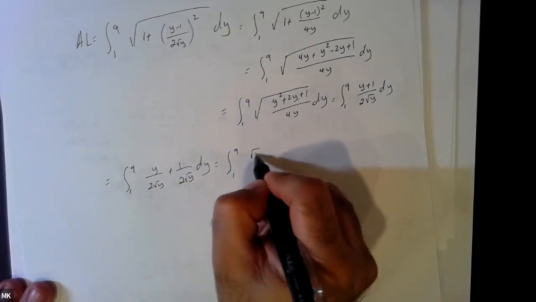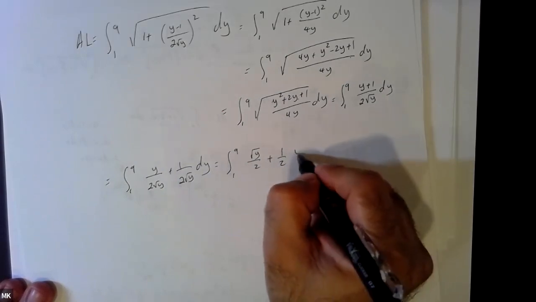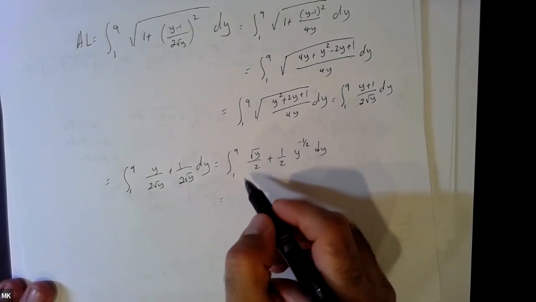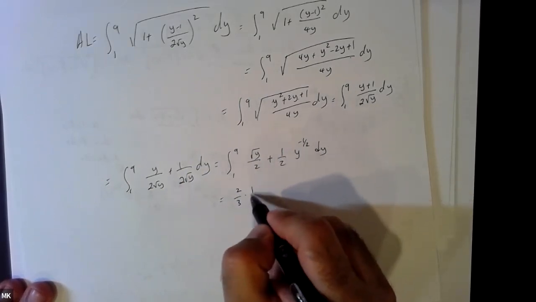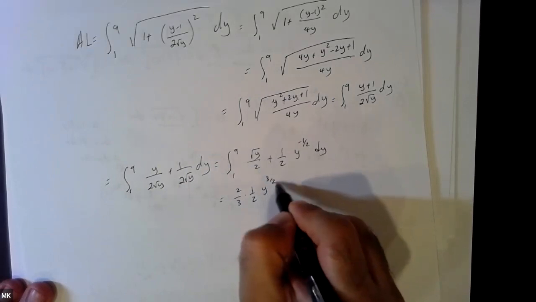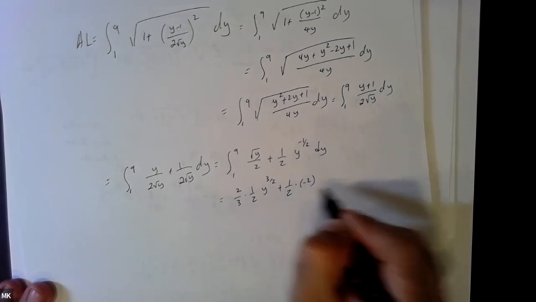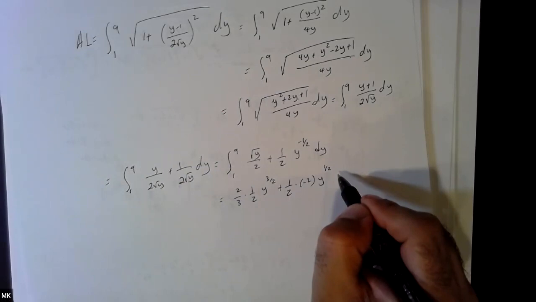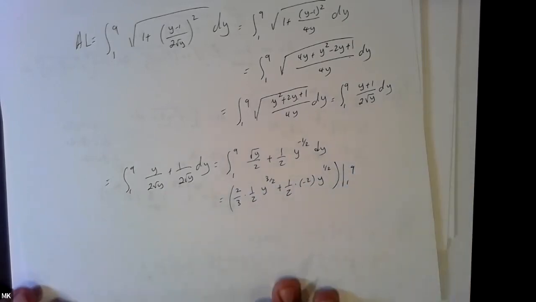The integral from 1 to 9 of root y over 2 plus 1/2 y to the negative 1/2. I'm going to use a power also. So I get 2/3 times 1/2 y to the 3/2 plus 1/2 times negative 2 y to the 1/2, from 1 to 9.